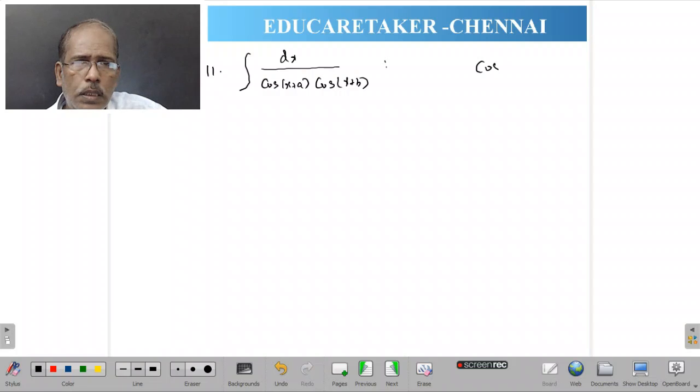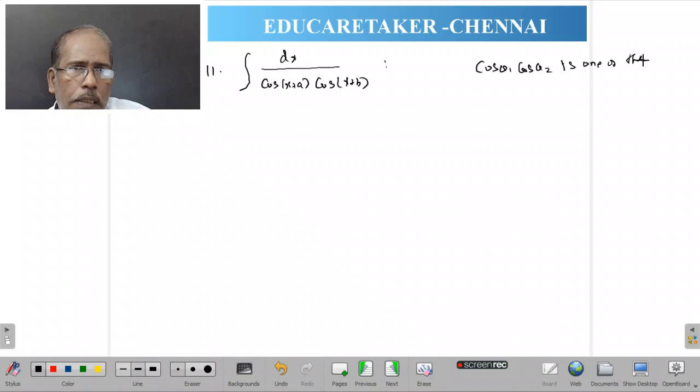So cos theta 1 into cos theta 2 can be one of the terms of cos of theta 1 minus theta 2.